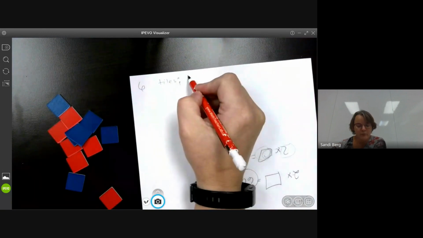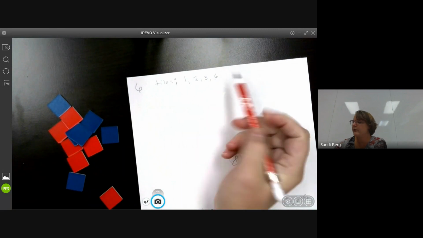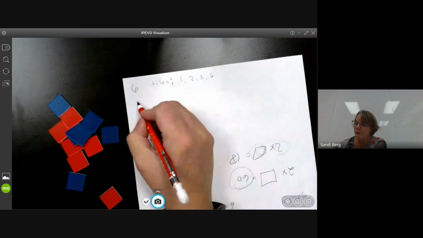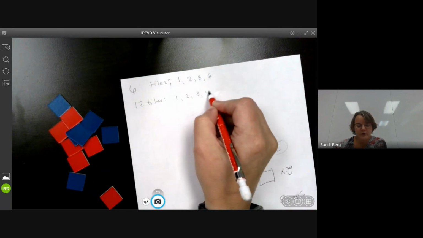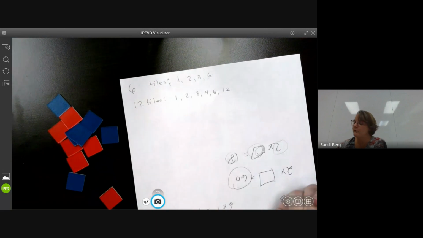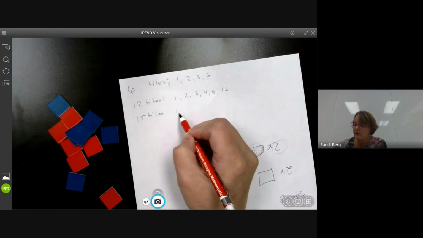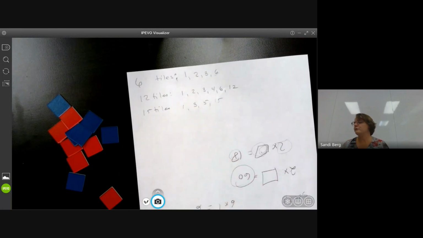Well, I can make one with a side length of 1, side length of 2, a side length of 3, and a side length of 6. So 1 and 6, and a 2 and a 3. With 12 tiles, I could build rectangular arrays with those side lengths. With 15 tiles, I could build rectangular arrays with those side lengths.